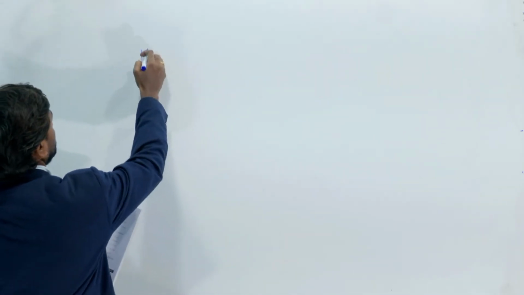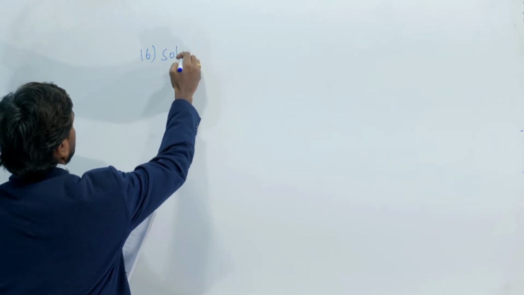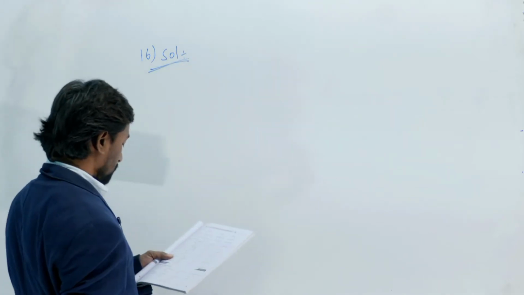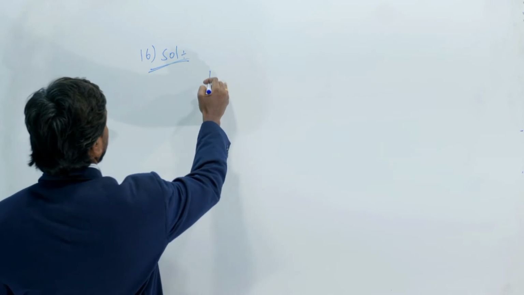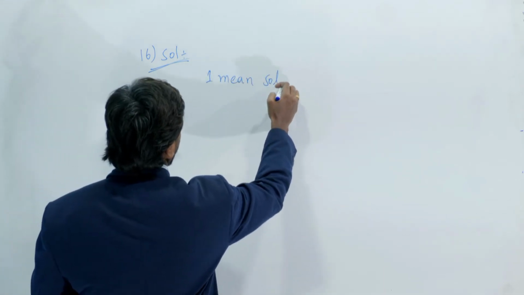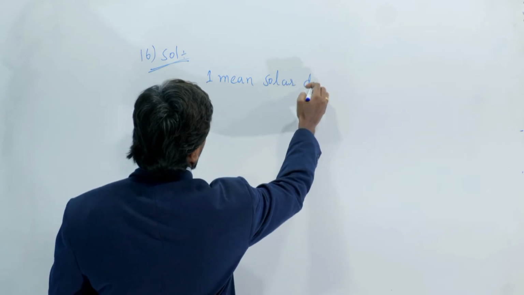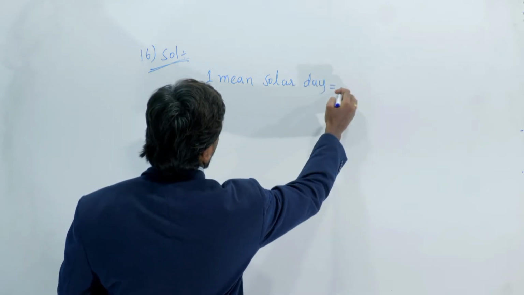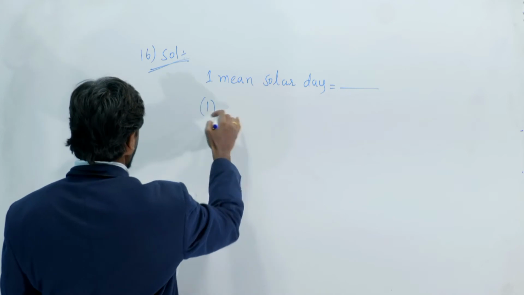So 16th question, see there. Here it is given: one mean solar day. The question is: one mean solar day is equal to dash. So option 1 is given here.